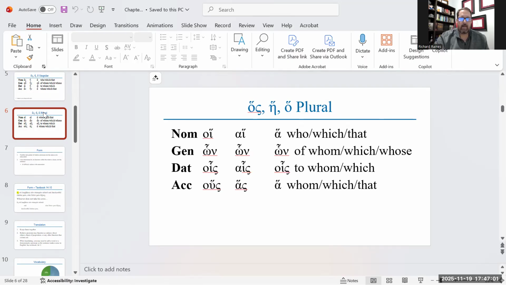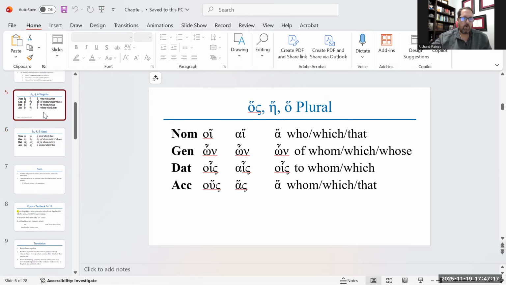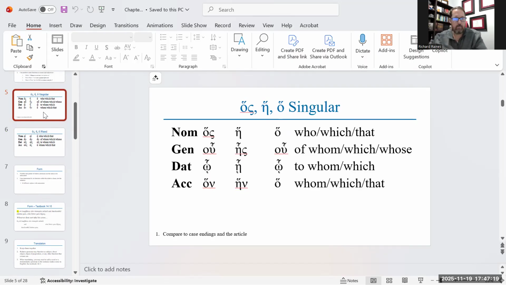So hoi, hai, ha. Hon, hon, hon. That's easy, right? The genitive. Hois, hais, hois. That's the dative. And hous, has, ha in the accusative. So those are your relative pronouns, and that is section 14.7 on the bottom of page 139.